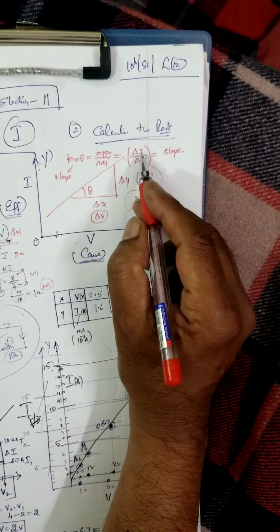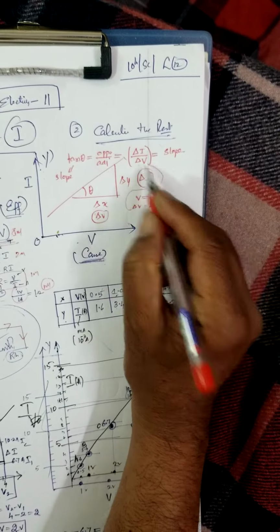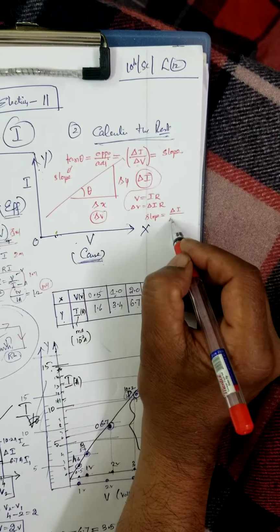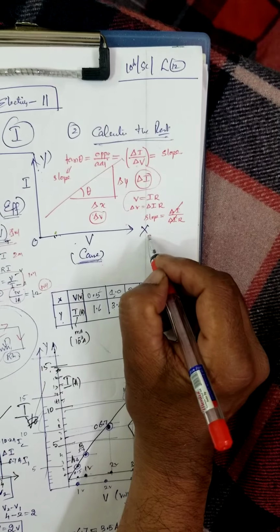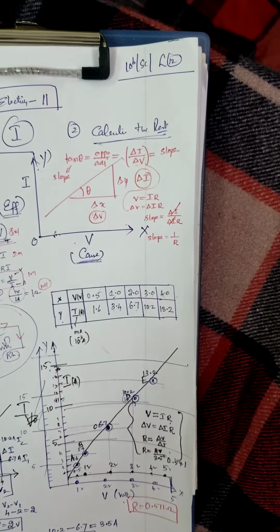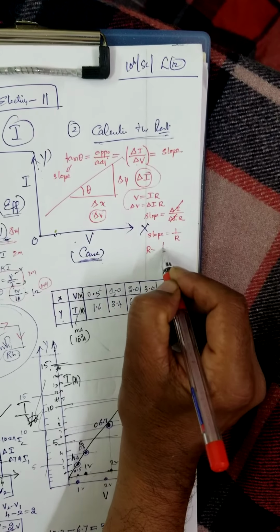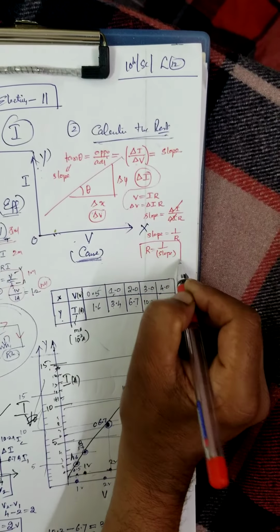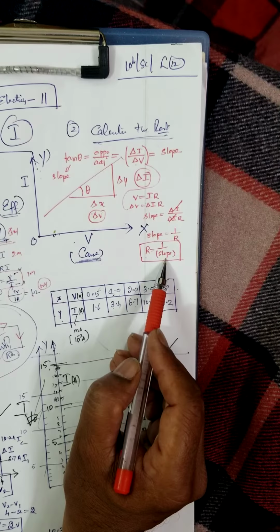Slope is equal to delta I by delta V. Delta V is delta I times R. Both get cancelled. Therefore, slope is equal to 1 by R. Cross multiplying, R is equal to 1 by slope. Therefore, resistance is equal to the reciprocal of the slope.